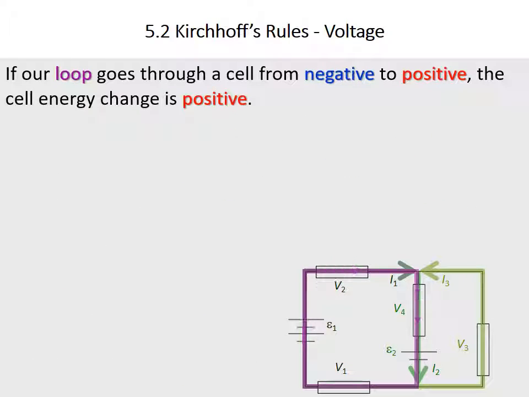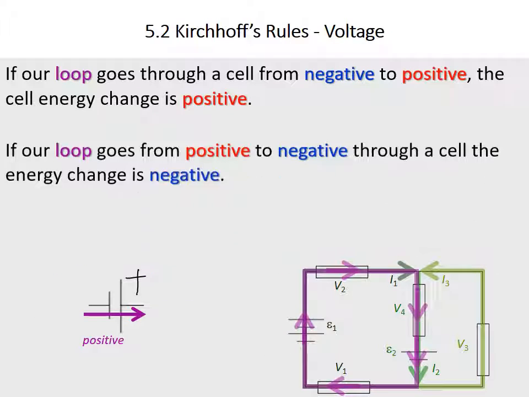So if our loop goes through a cell from negative to positive, the cell energy change is positive. It's kind of like flag football. Wherever the loop last touches, the EMF or the voltage across that loop gets that sign.